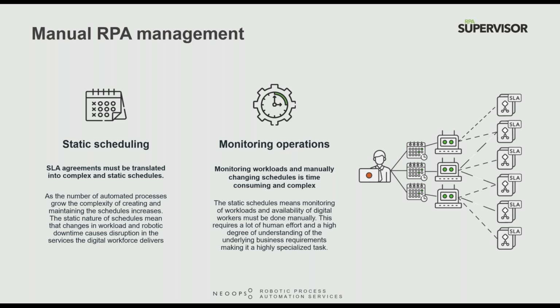It's starting to be time consuming and complex. You need to monitor whether your priority queues are processed. If not, assign a new digital workforce to be processed, stop another queue. So it's really becoming quite a challenging task.